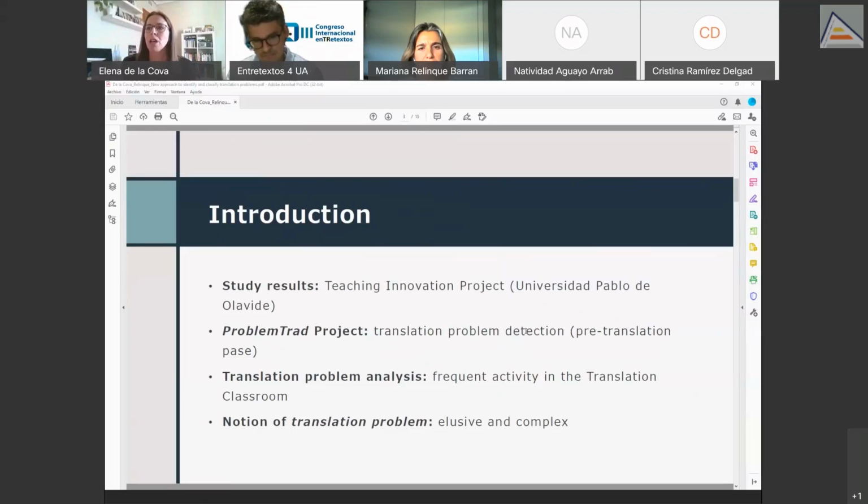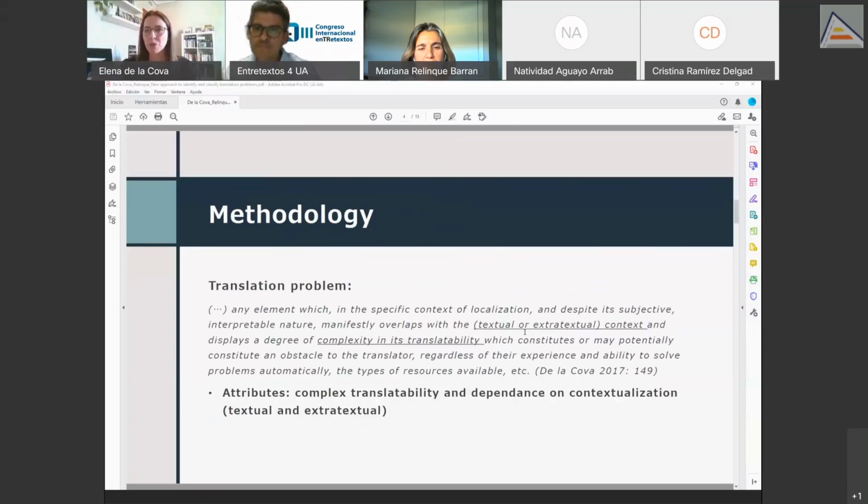So therefore, before we started working on this project, we needed to use a translation problem definition that students could refer to in order to have a solid and systematic approach to detecting translation problems. So we used this definition from De La Cova, from a work from 2017, that I will read.